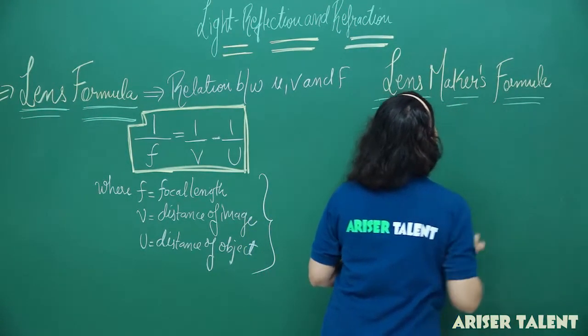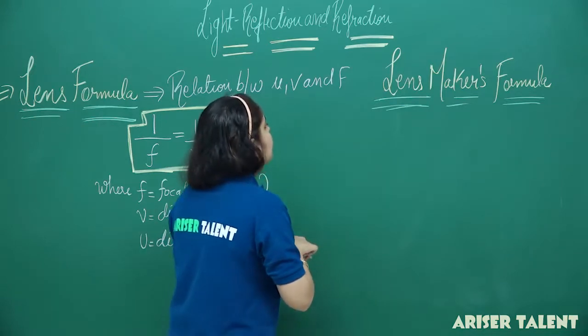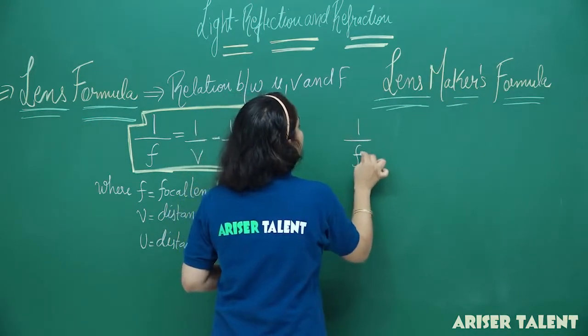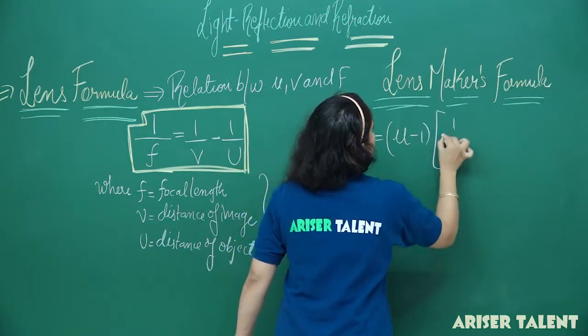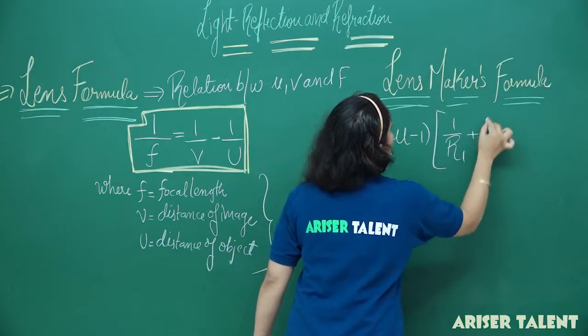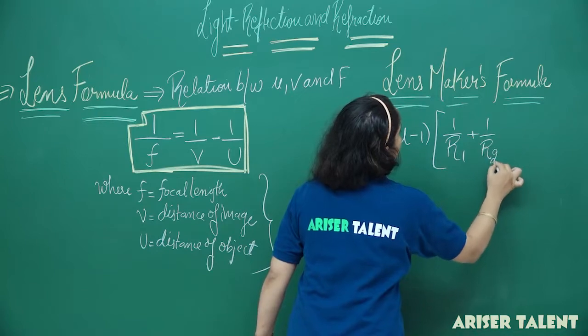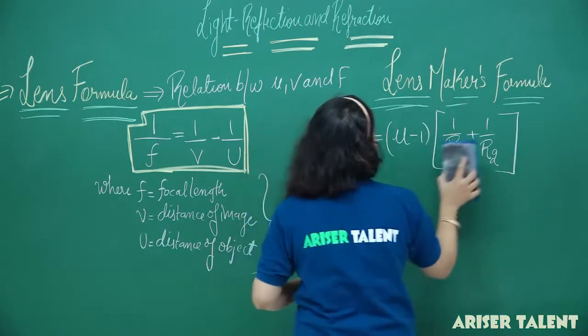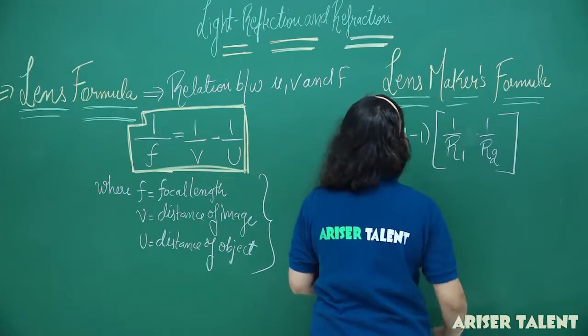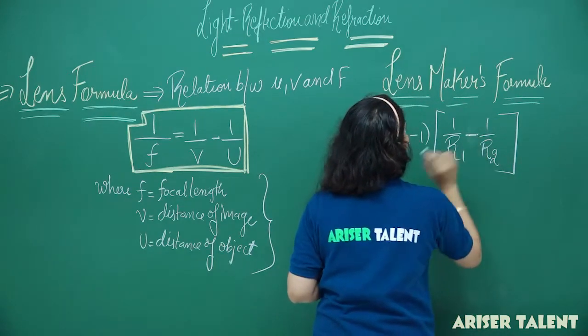Now what is the lens maker's formula? This formula is 1 upon f is equal to mu minus 1 into 1 upon r1 minus 1 upon r2.